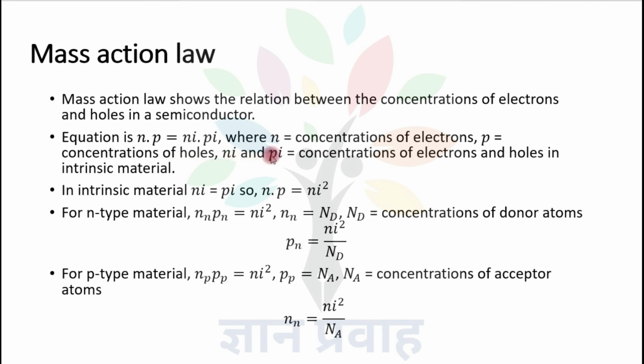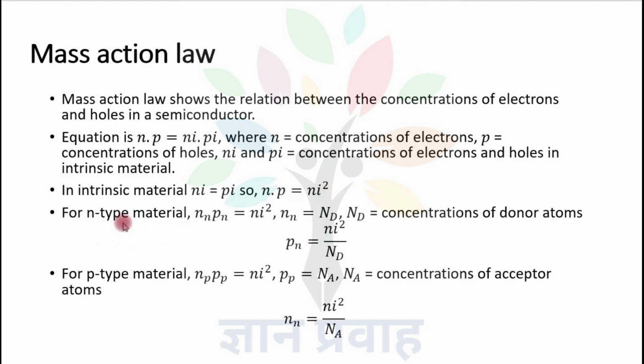Ni and Pi are the intrinsic concentrations of electrons and holes. In intrinsic semiconductor material, where holes and electrons are in the same quantity, Ni equals Pi, so N dot P equals Ni square. That is the mass action law for intrinsic semiconductor material.